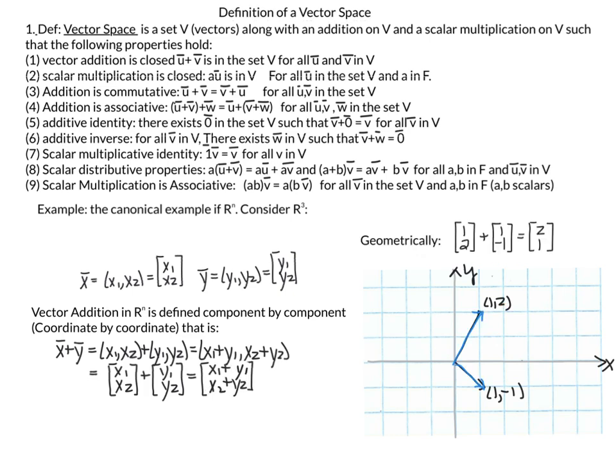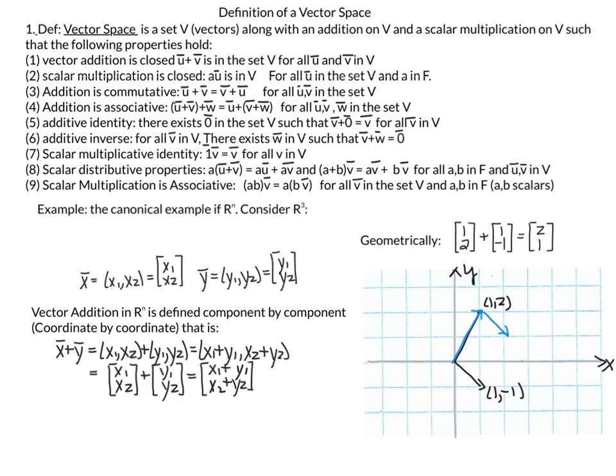There are two ways to interpret the vector addition geometrically. The first one: if I'm adding 1, negative 1 to 1, 2, I take this vector 1, negative 1 and put its origin at the tail end of my first vector. In other words, I move this vector here so that the origin of my 1, negative 1 vector starts at the tail end of my vector 1, 2.